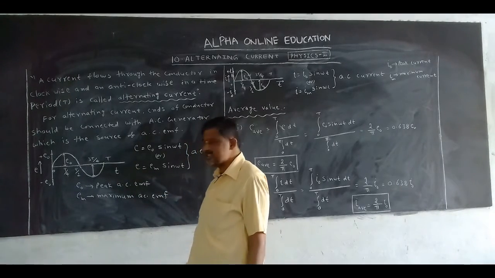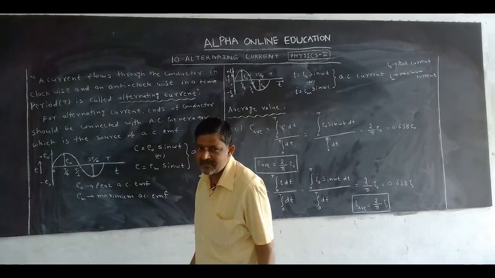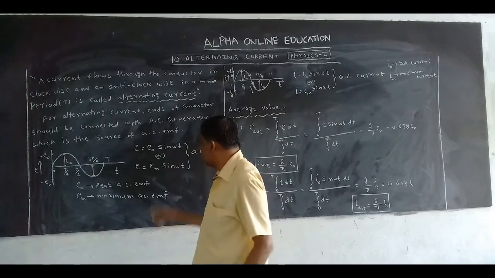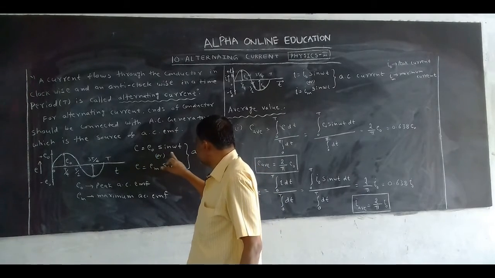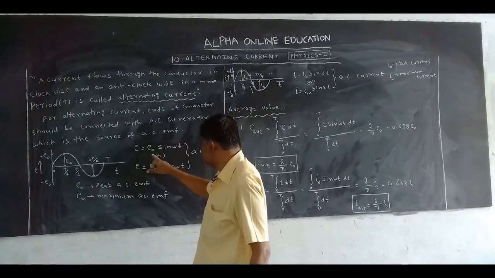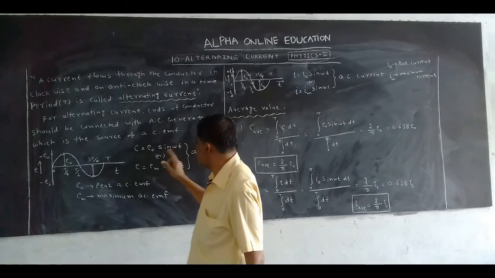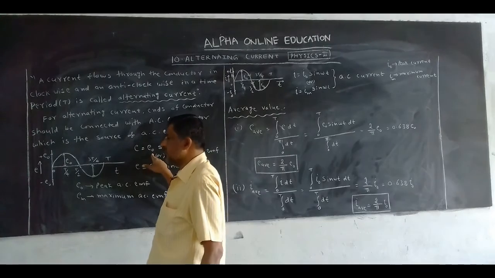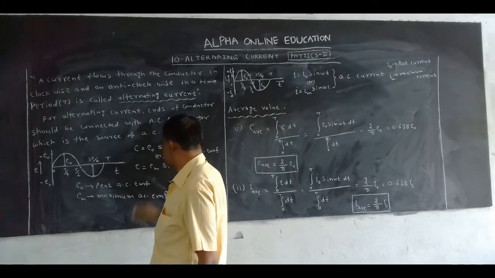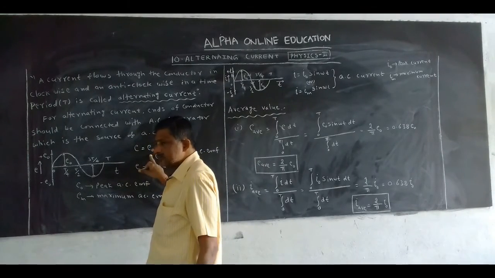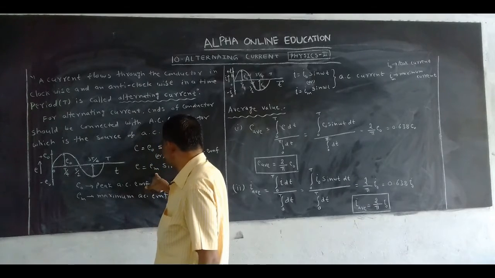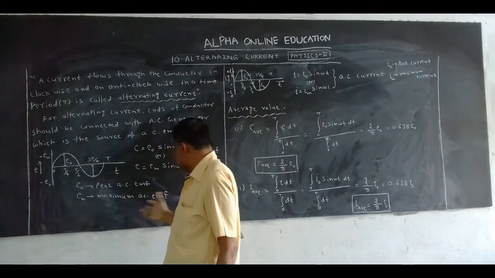What is the equation for AC EMF from Faraday's law? E is equal to E naught sin omega t. What is E naught? Peak AC EMF value. In some books, instead of E naught, we take Em also. What is Em? Maximum AC EMF.